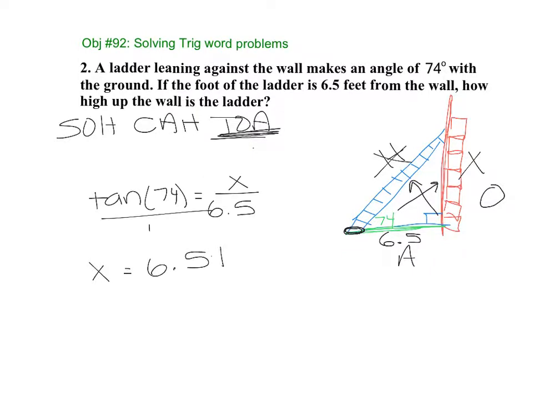X equals 6.5 tan of 74. We get 22.7. That's pretty high. That's a good thing that's a wall. Why did I put degrees? It's not degrees. It's feet. 22.7 feet.